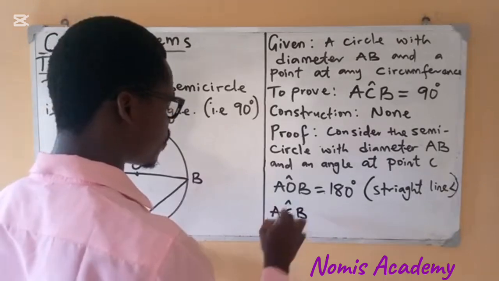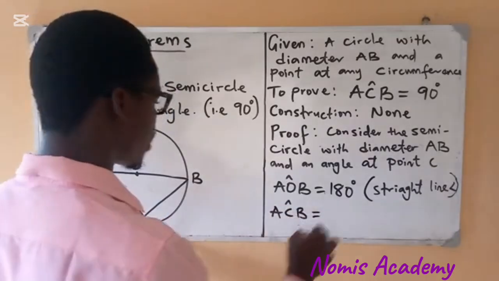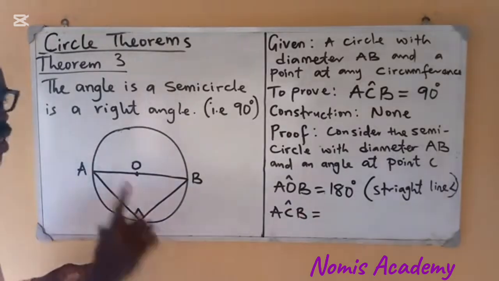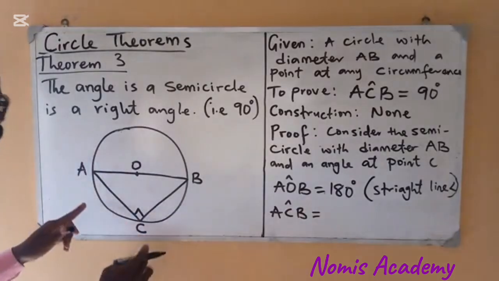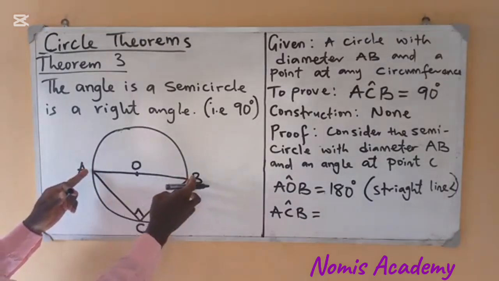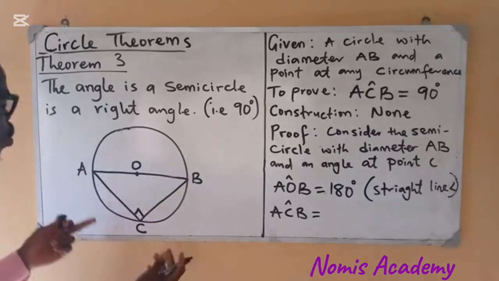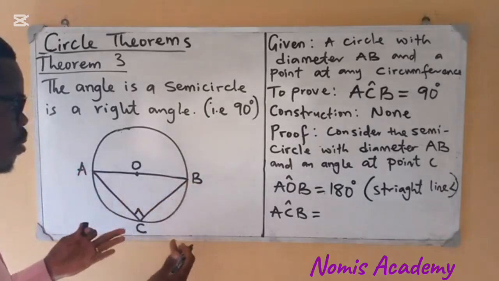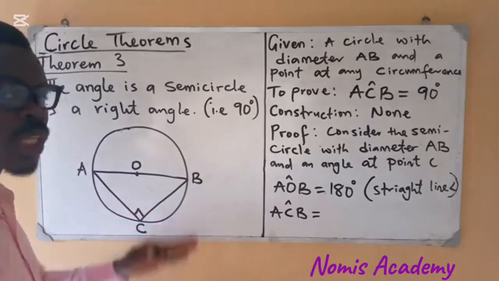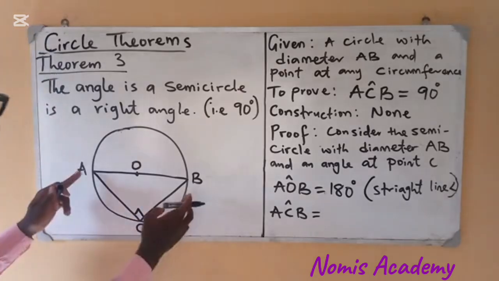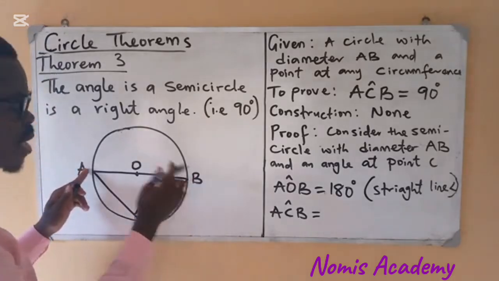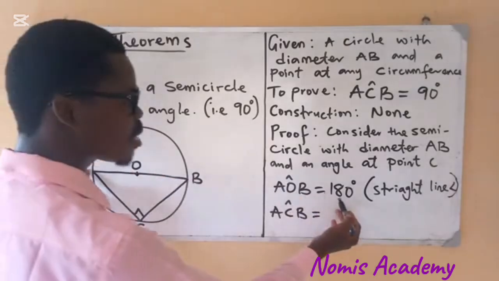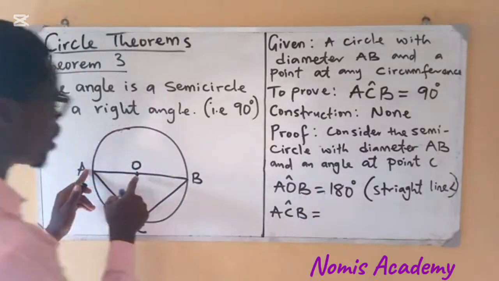ACB to be half. Now remember, in Theorem 2, we say that the angle subtended by a chord, in this case, we consider the diameter AB to be the chord. Okay, but mind you, we know the difference between a chord and a diameter. Now this diameter subtends an angle at the center, and the angle is the straight line angle, which is 180 degrees.